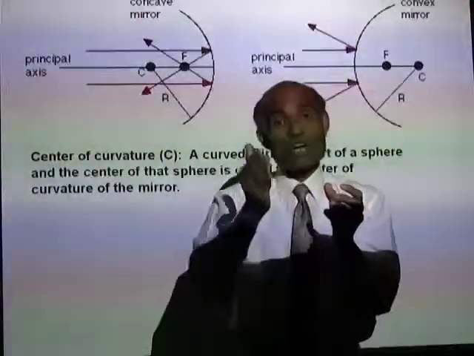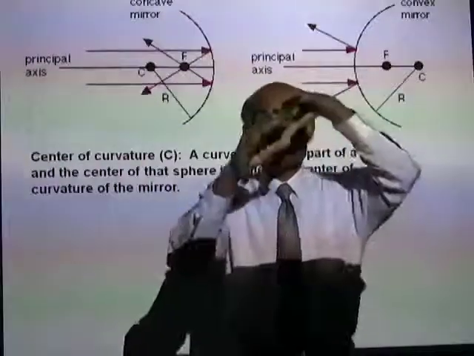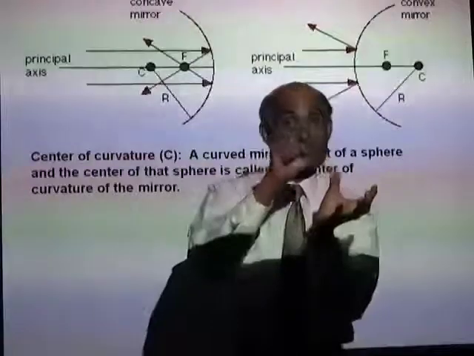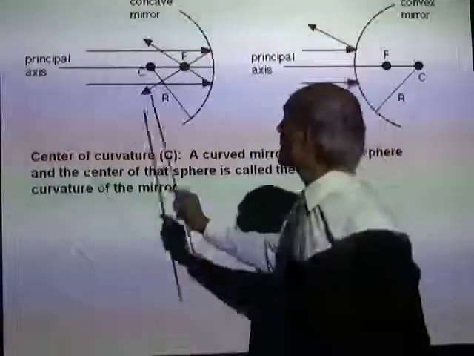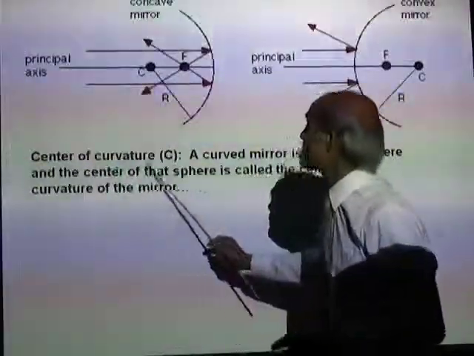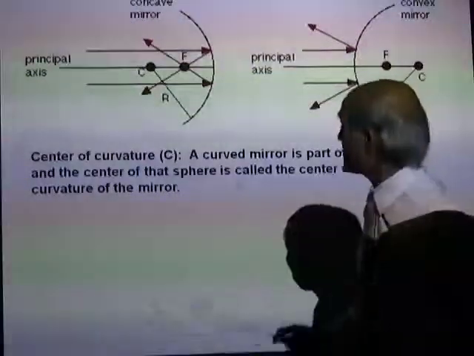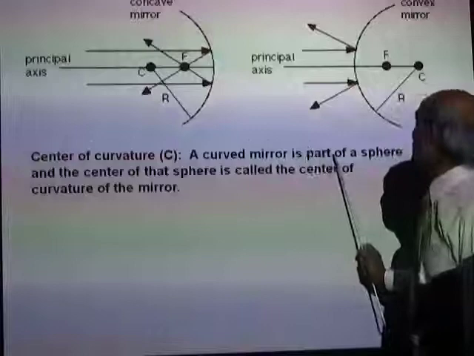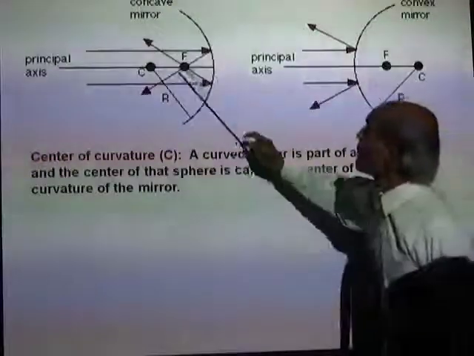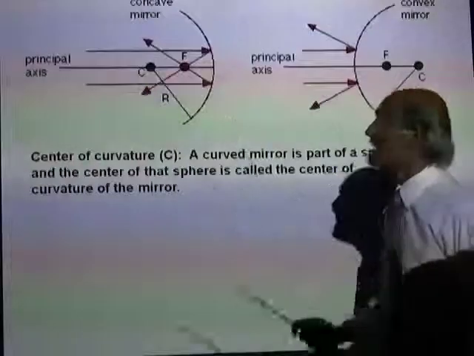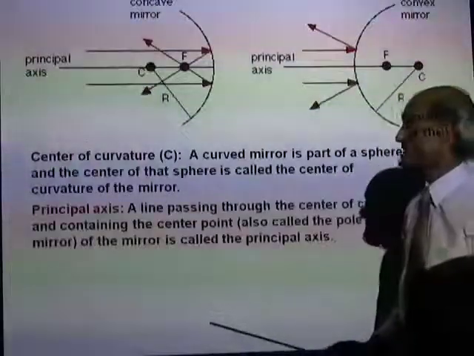In other words, a curved mirror can be considered to be part of a sphere. The center of such a sphere is called the center of curvature of the mirror. So, the center of curvature is the center of that sphere of which the mirror is actually a part.